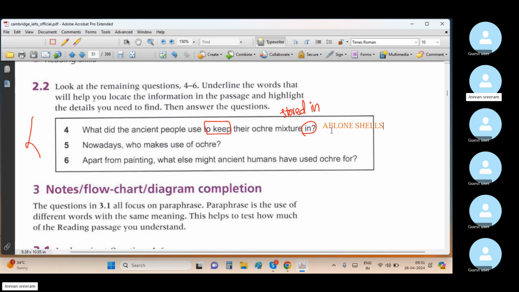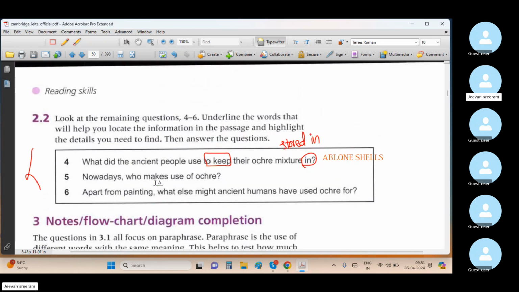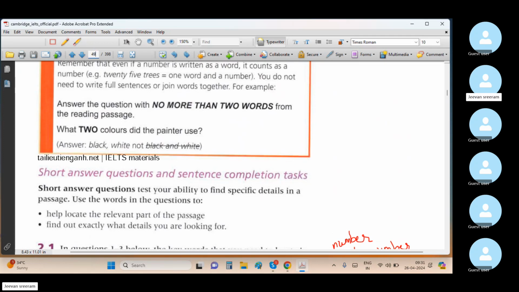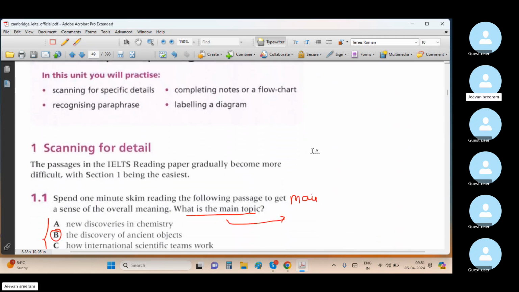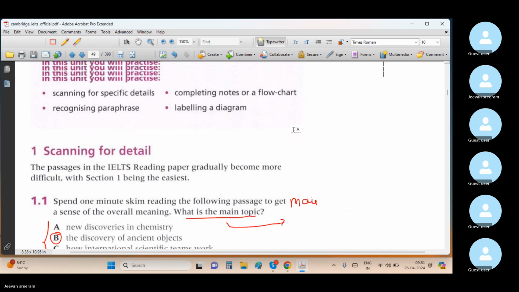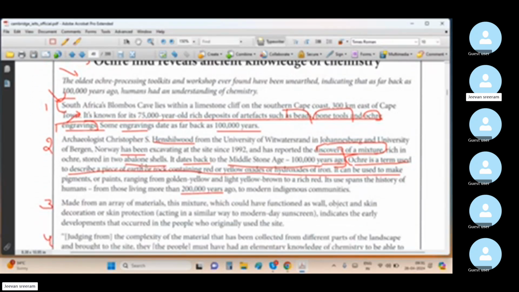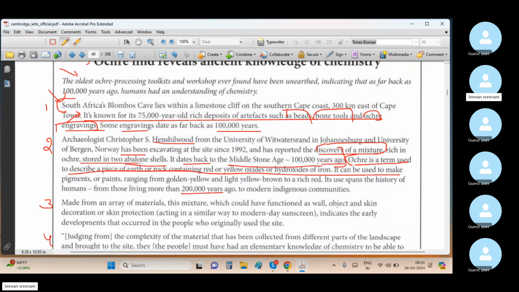Next, nowadays, who makes use of ochre? In this modern day, in this current world, who is making use of ochre? You got an answer from the previous one, stored in abalone shells.